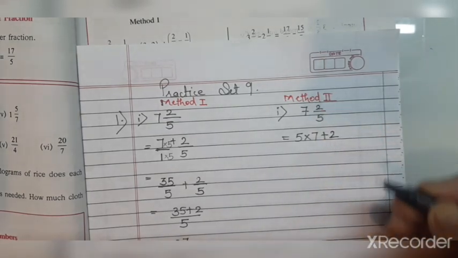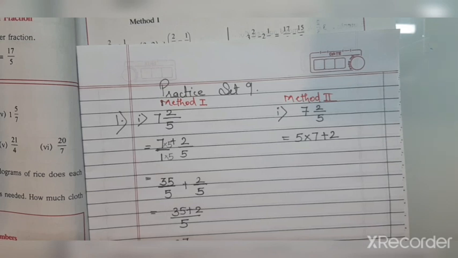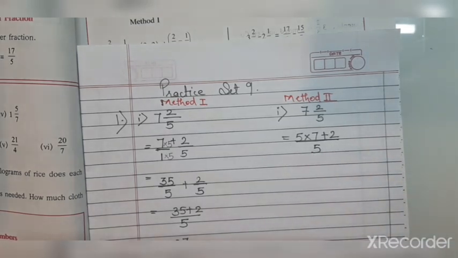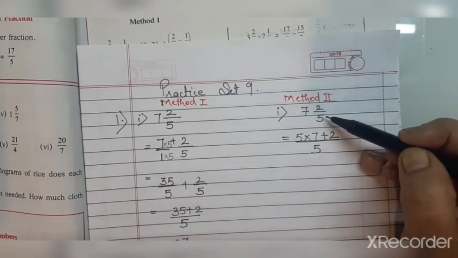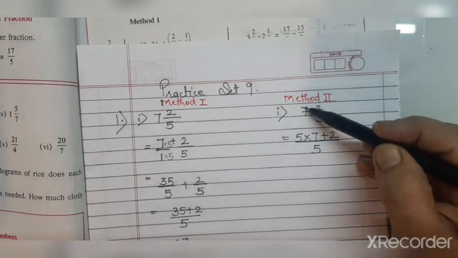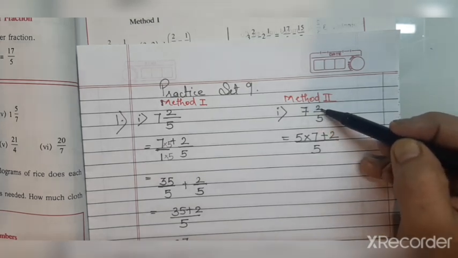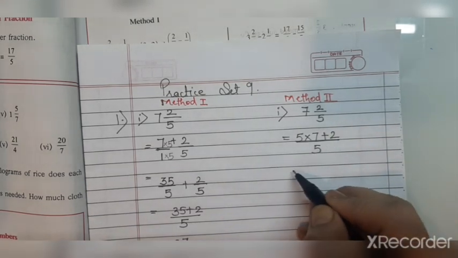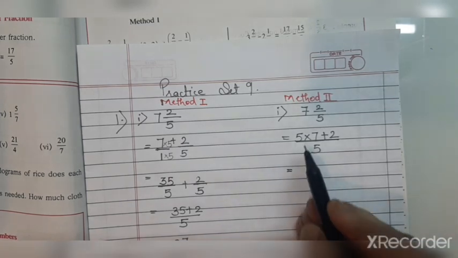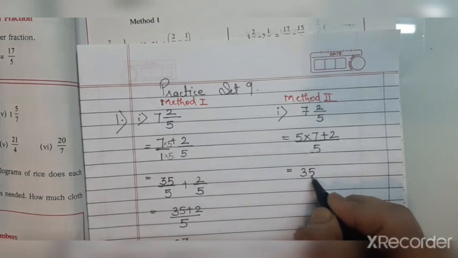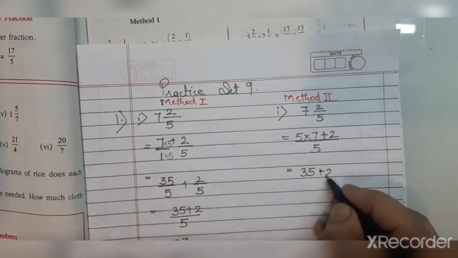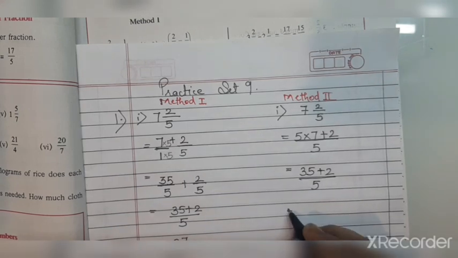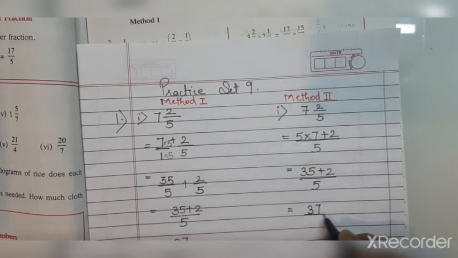So plus 2 upon the denominator. It's very simple actually. So the denominator multiplied by the whole number plus the numerator, upon the denominator, which is equal to 5 sevens are 35 plus 2. I am writing as it is upon 5, which is equal to 35 plus 2 is 37 upon 5.